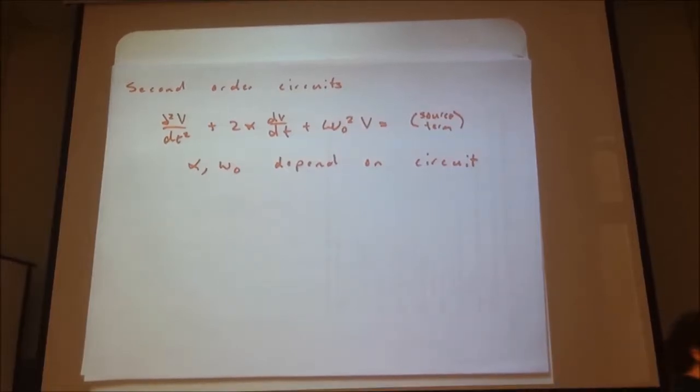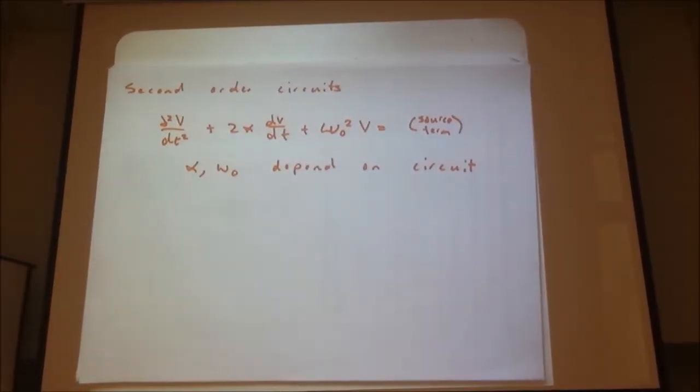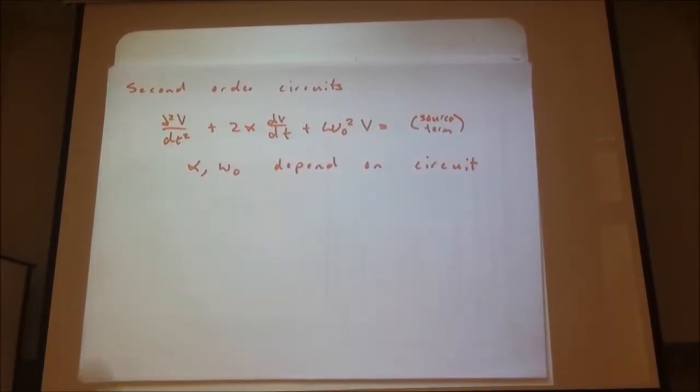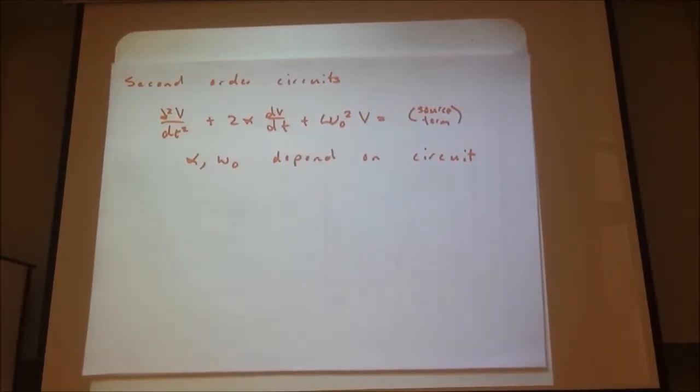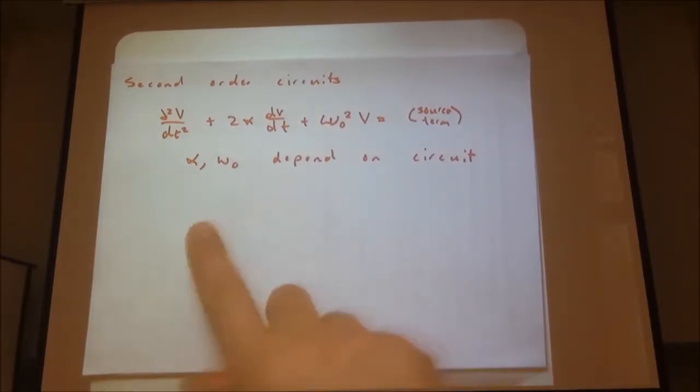By all means, use our solved problem and take advantage of the fact that we've done those. But determining alpha and omega naught can be quite a challenge. That depends on substitutions and recognizing the relationships between current and voltage, capacitors and inductors. It can be a little bit tricky, but it is the circuit analysis.